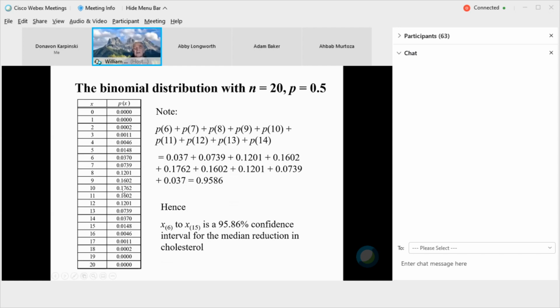Now the center value is 10. Add the ones on either side, 0.160. Keep adding them going on either side until you get something that's close to 95%. That's P6 to P14.